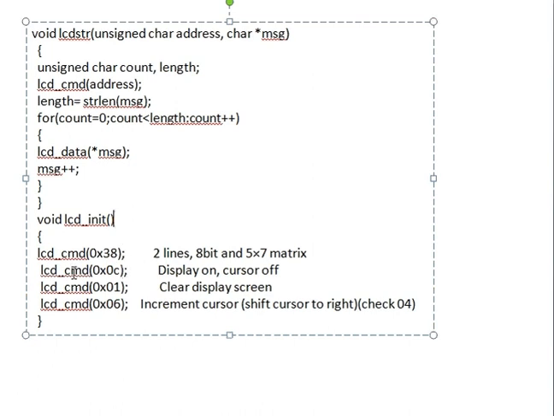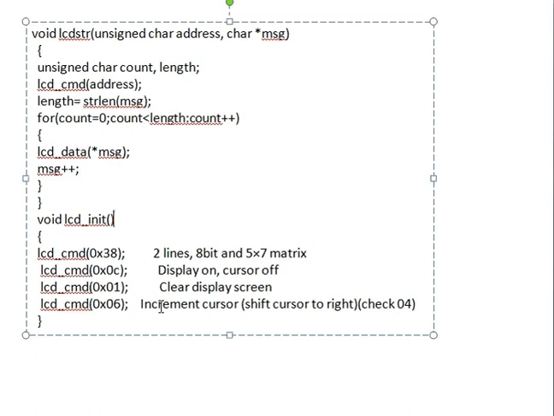Similarly, if you want to clear the content present in the LCD module, then this is the command which we need to use, 01. And 0C is to make the display on, and the cursor will be off in this case. Literally we don't want the cursor to be blinking always, so that can be turned off using this command.